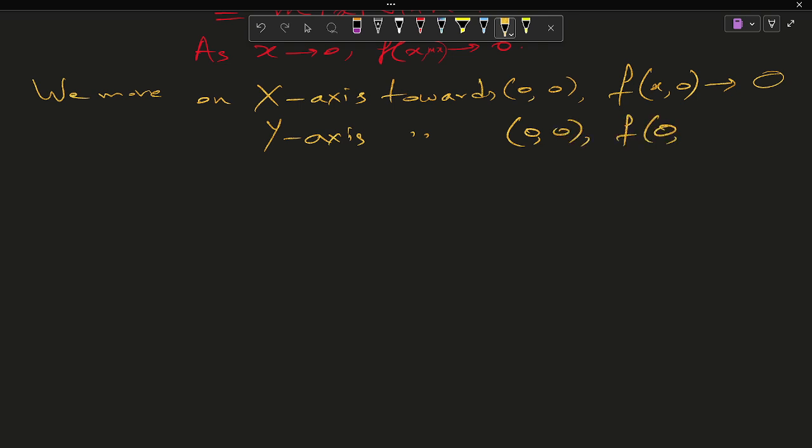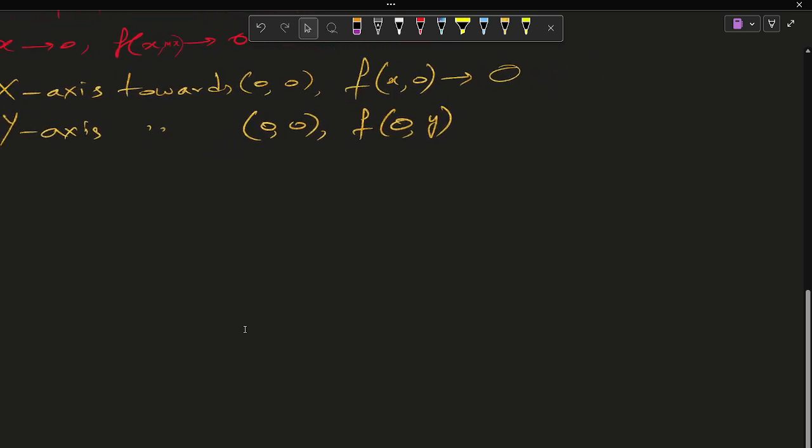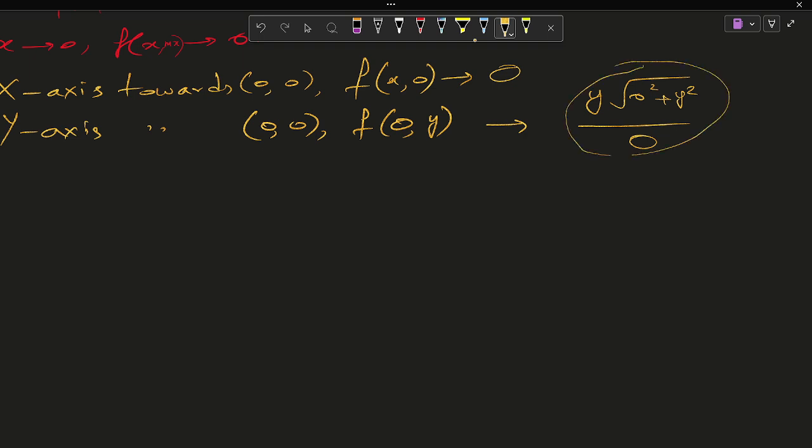Then we get f(0, y), which is y into root over 0 square plus y square, divided by 0. So for this case, this does not exist.